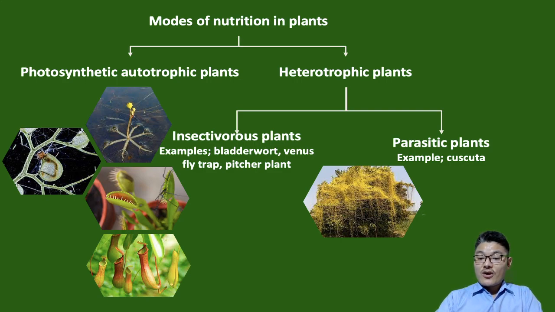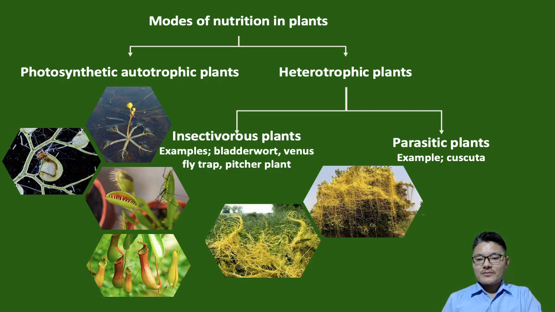So Cuscuta usually climbs on host plants, which are higher plants, and as they climb, they start propagating, they start reproducing their parts. Hence, they are also called climbers. Now, with this slide, what we have studied is different modes of nutrition in plants. Plants are not only photosynthetic, they also undergo heterotrophic modes of nutrition.